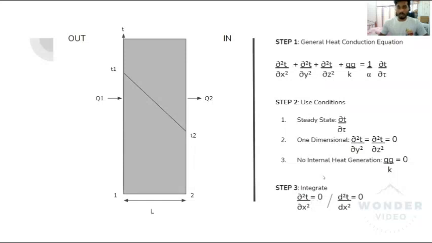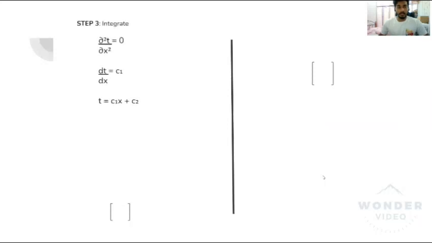So we need to integrate this. Step 3 is integrating it. As you can see, the second derivative of T with respect to x equals 0. If we integrate it once, we get C1, and if we integrate again for T, we get C1x plus C2.